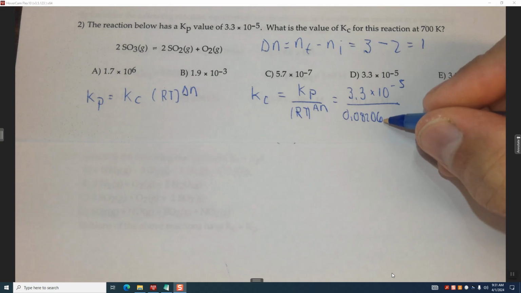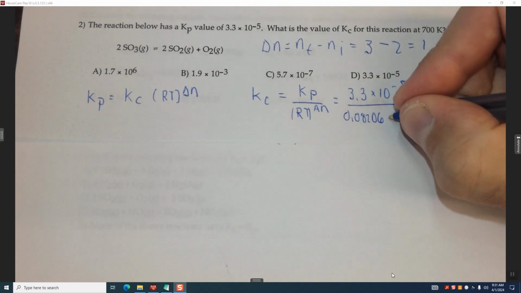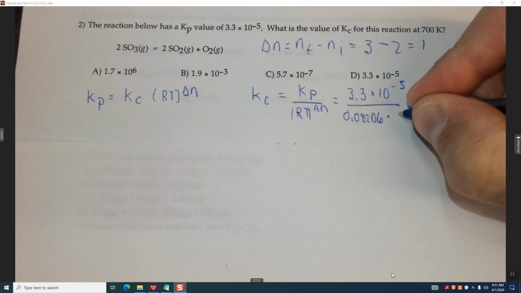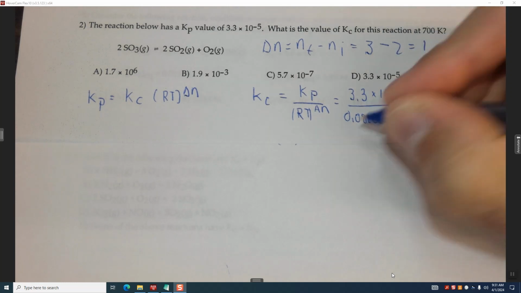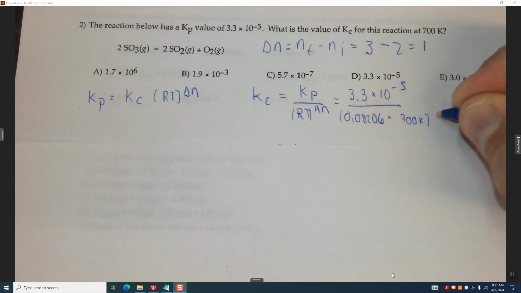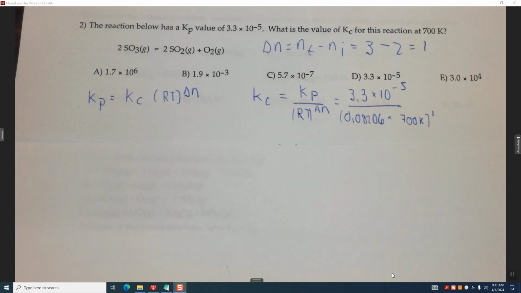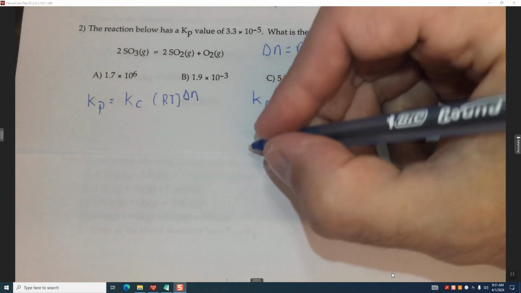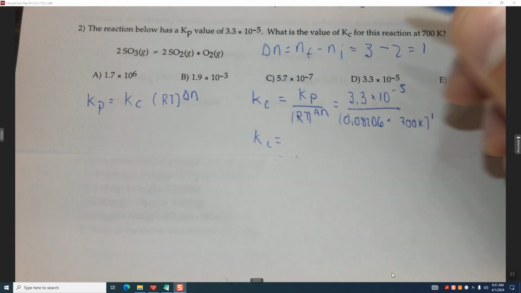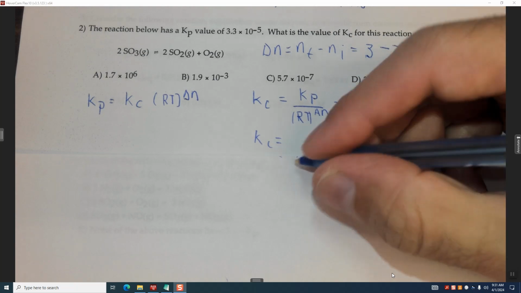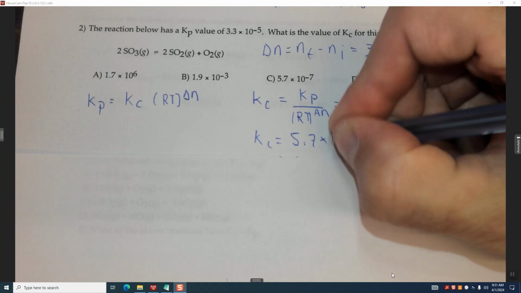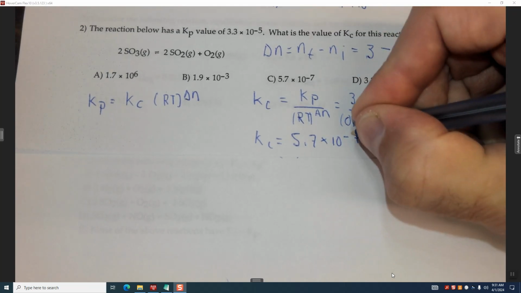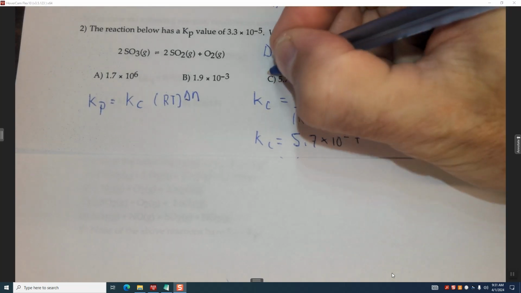This is liter atmospheres per mole K, times our temperature, which is going to be 700 K. I didn't write in the liter atmospheres per mole K. Multiply, and then all to the delta N, which in this case is just 1. When you do that math, you find that Kc is equal to 5.7 times 10 to the negative 7, which is choice letter C.